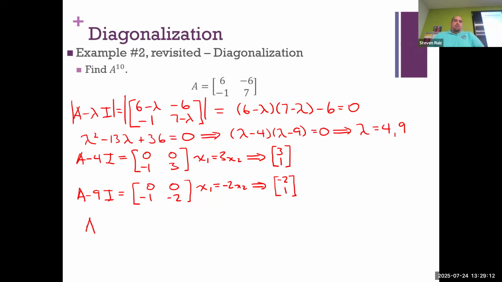So now I have that A to the 10th equals P, which is what? Yep, those two columns. So 3, 1, negative 2, 1. If that's what you said P looks like, then what does the matrix D have to look like? 4, 0, 0, 9.